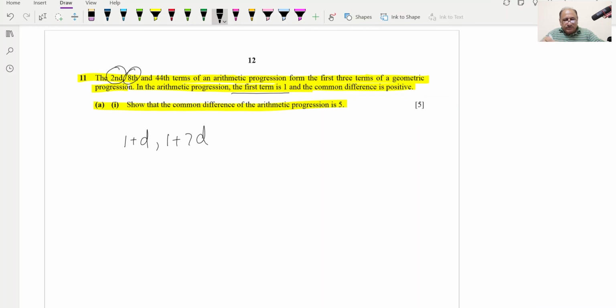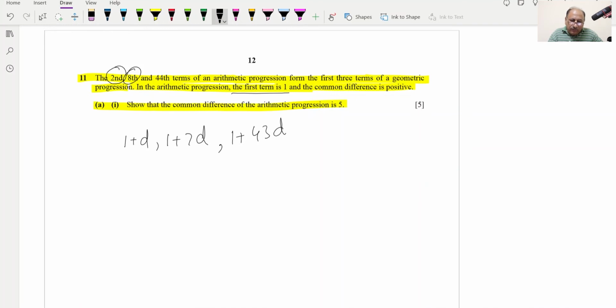First term plus n minus 1 into d, so a plus n minus 1 into d. This is what we are using. And for 44 it will be 1 plus 44 minus 1, which will be 43, so 43d. Now this is basically the arithmetic progression which we have written.